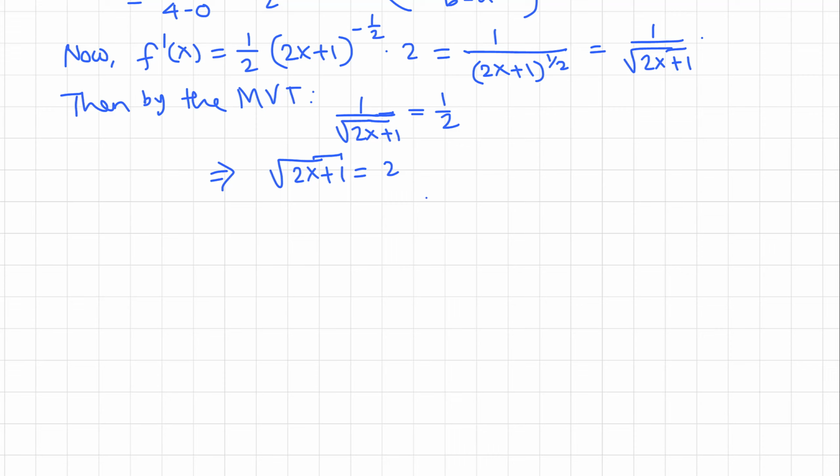Now square both sides. 2 squared means 4. Subtract 1. We get 3. Now divide by 2. 3/2. Thus, the c we are looking for, or guaranteed by the MVT, is 3/2.